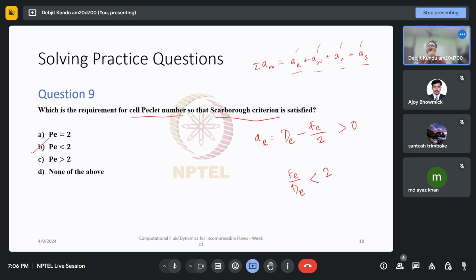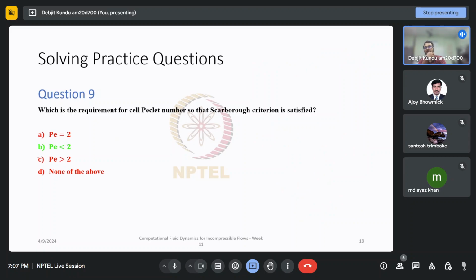Right? So I'll just take it that side. Fe by 2 should be, I'll just write the steps in between, Fe by 2 should be less than dE. dE I'll bring down and 2 I'll send up, so Fe by dE is less than 2. Finally, this can be written as the Peclet number should be less than 2.